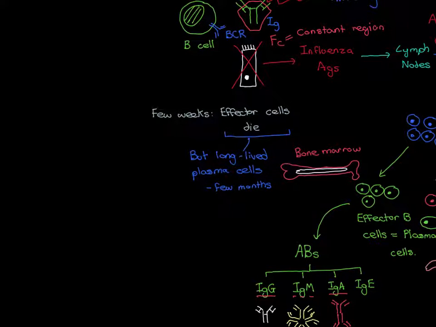And now what will happen is all the effector cells will start to die, but for a few months afterwards you're still going to have these long-lived plasma cells in the bone marrow producing antibodies against the epitopes of the antigens of that influenza viral strain. And the two major types that we've discussed you'll produce are IgG and IgA.